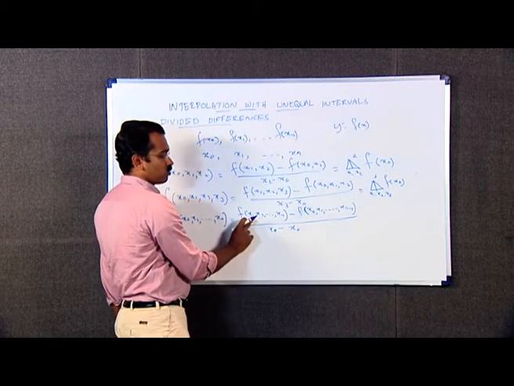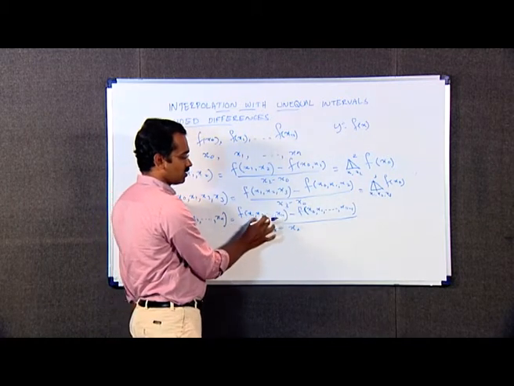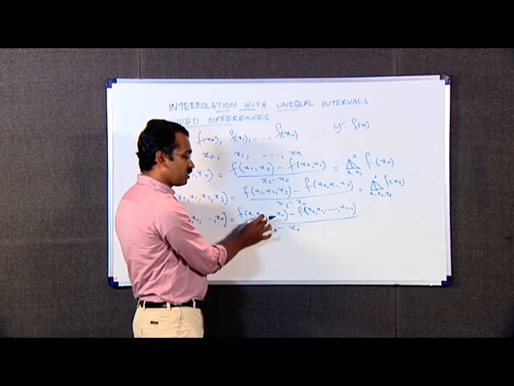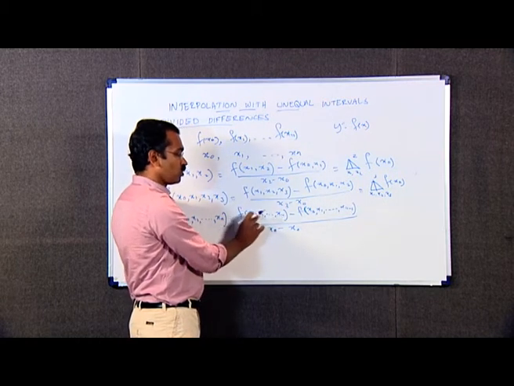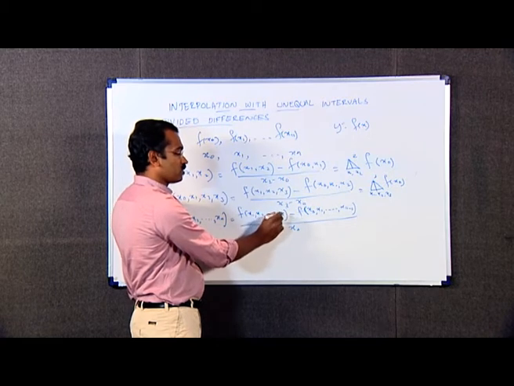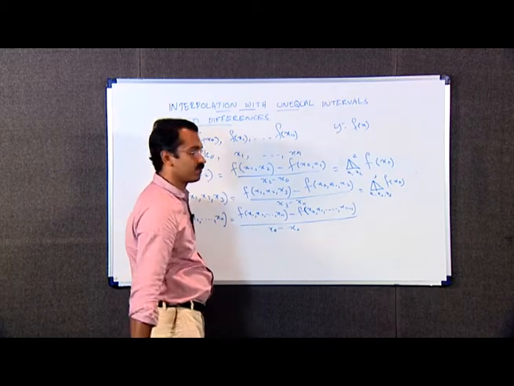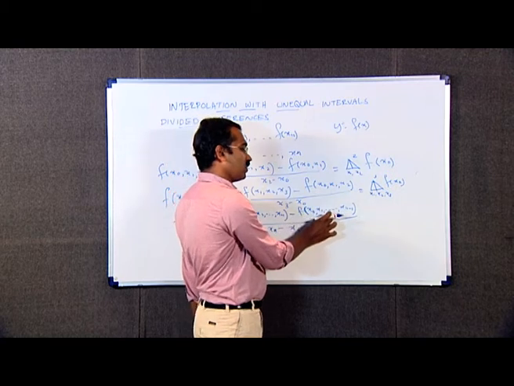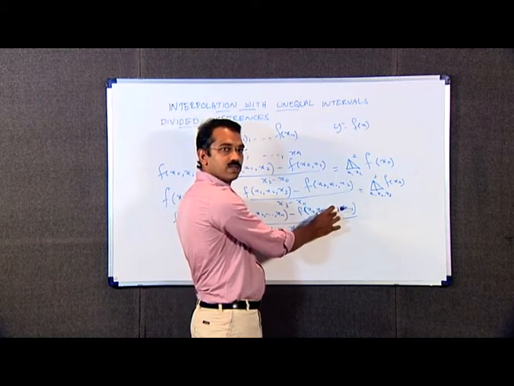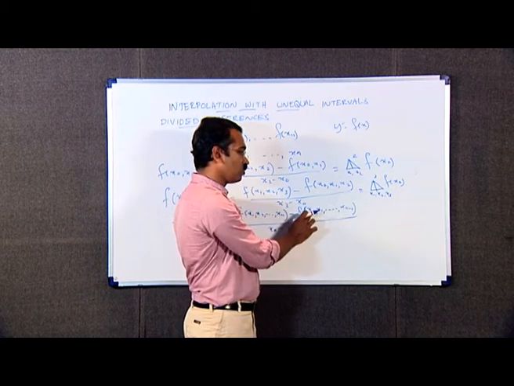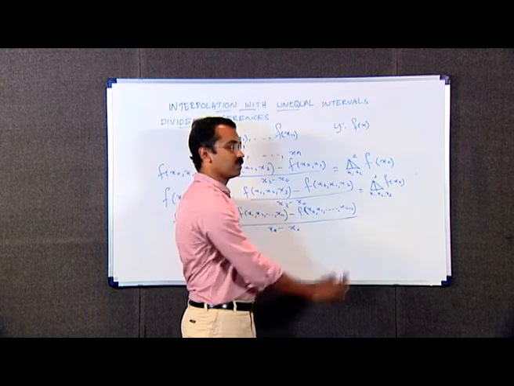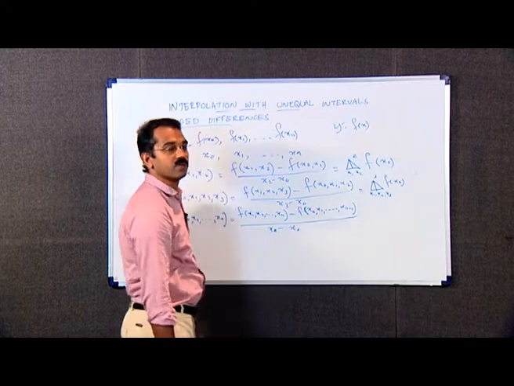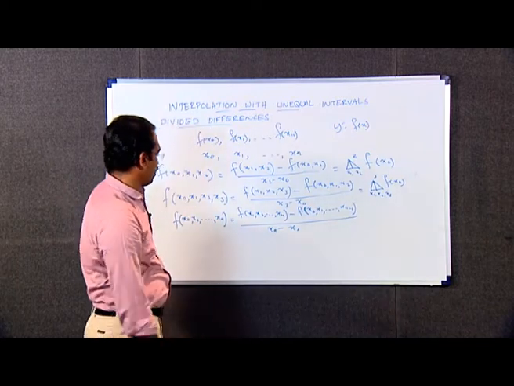Here f of x1, x2 etc. up to xn is the n minus 1th order divided difference corresponding to n arguments x1, x2 etc. up to xn. This is the n minus 1th order divided difference corresponding to n arguments x naught, x1 etc. up to x n minus 1.